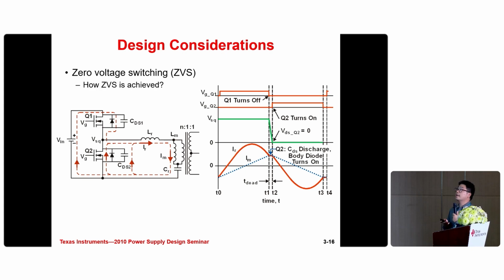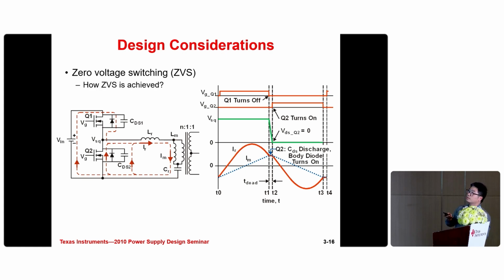And this slide illustrates how to achieve the ZVS. From this one, this is the dead time. At the dead time, Q1 is already turned off, and Q2 is ready to turn on. So we can see that at the dead time, the voltage of the CDS will discharge, so the current will go through this.